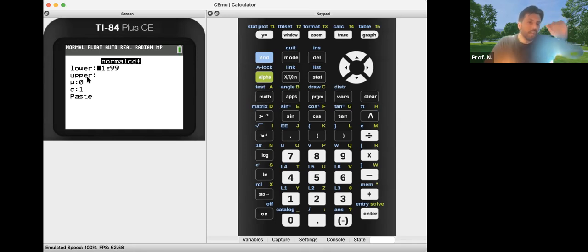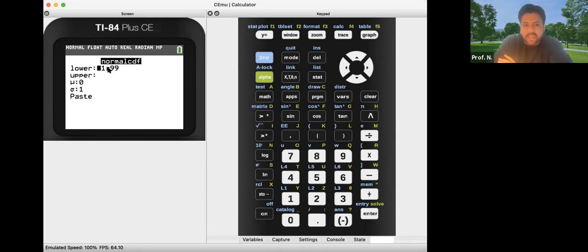And you can think of it from the integration perspective. What's the lower bound of the integration? It's negative infinity. Now, how would I write negative infinity here? We don't have an infinity symbol. So instead, we're going to write it as a really, really negative number. And it automatically does it for us, but we can change the lower to something else. But for now, we can leave that. What does this mean, though?